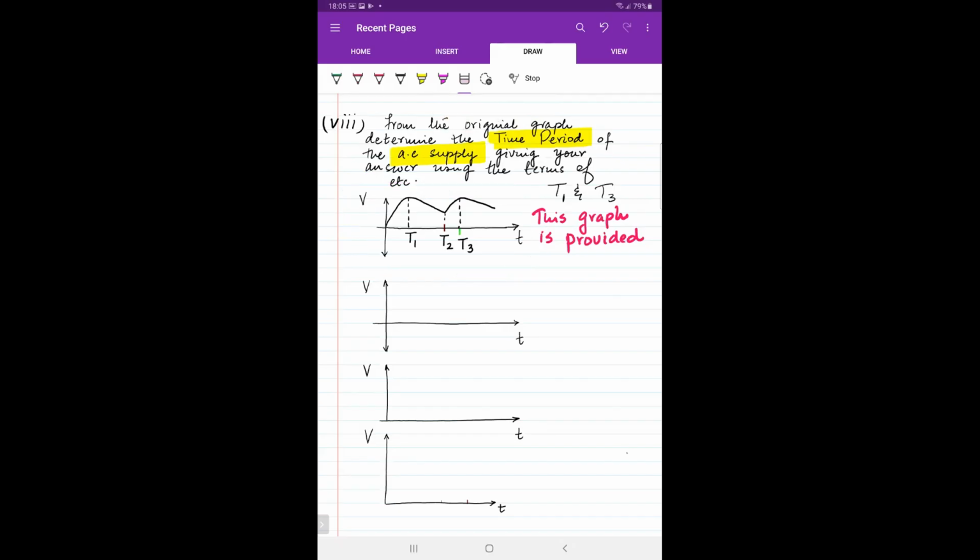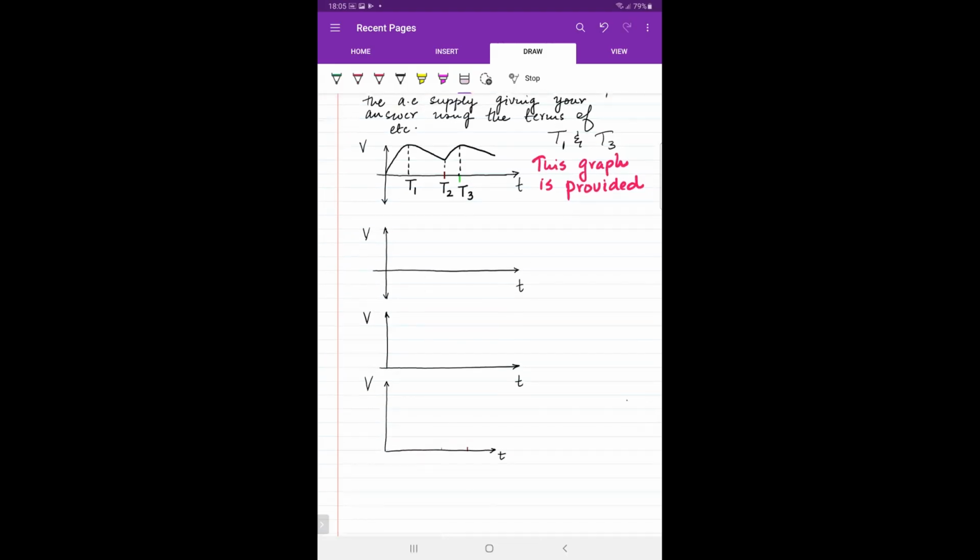Now, quite a lot of students that particular year got confused: the graph of the AC supply is not there, so how do we find its time period? Because our thought process is like this: if anyone gives us an AC supply, let's suppose it is given like this, almost 100% of the time students will immediately say, yes sir, its time period will come. If asked how, they'll rightly say, sir, go from one peak to the next peak, and you get the time period. They'll literally highlight this for you, and this is perfectly right.